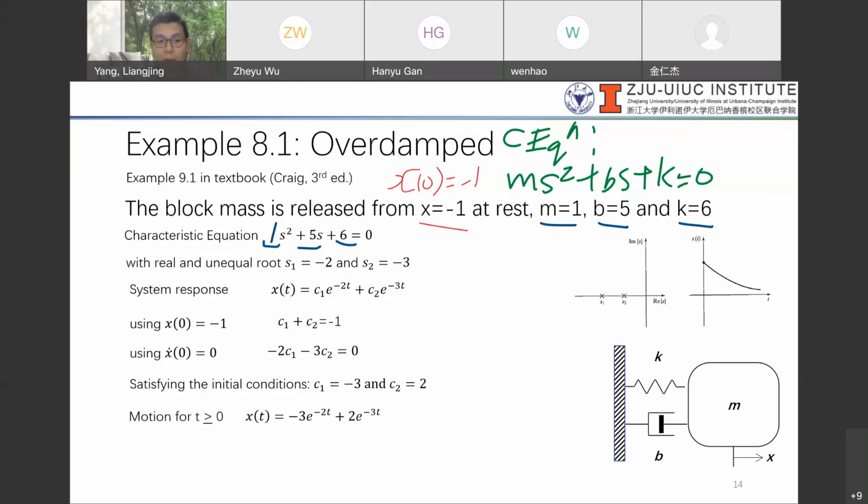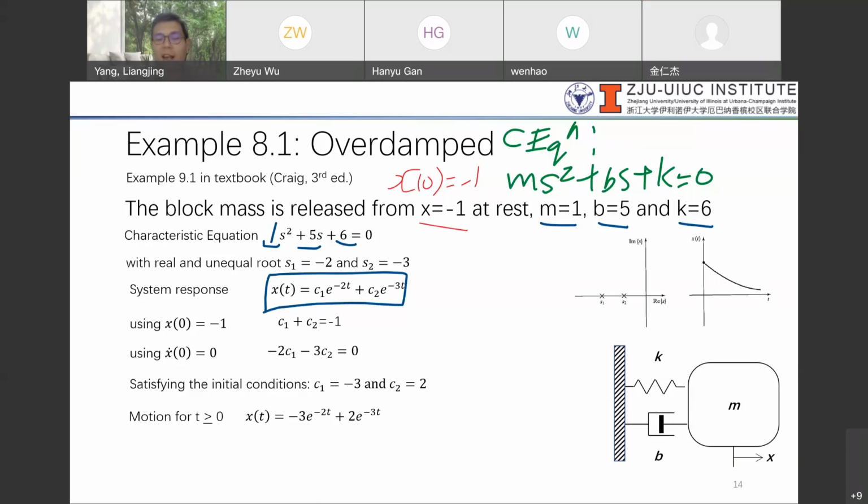And with these real and unequal roots, we know that it is under damped. Sorry, it is over damped. All right. In this case, it is over damped, and so we have this system response in the form of this solution, right? And so we substitute S1 to be -2, S2 equal to -3.